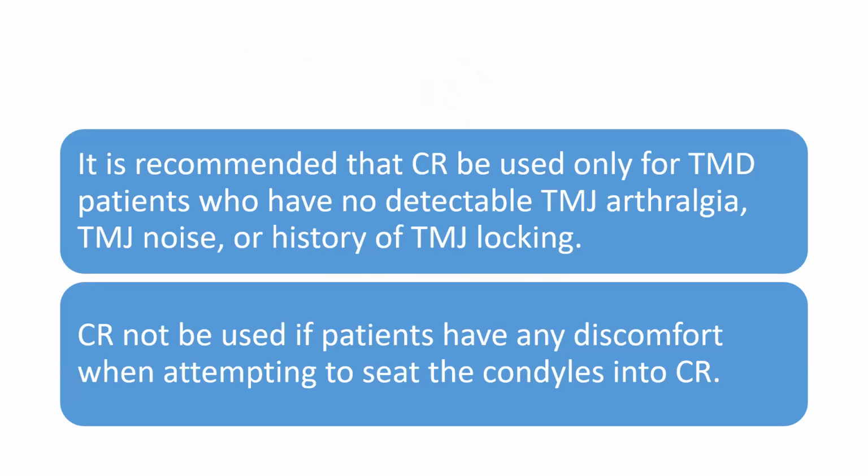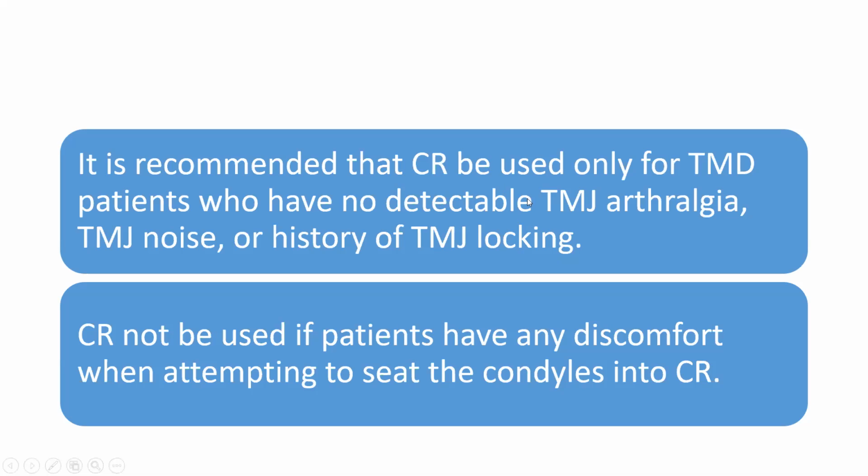So it is recommended that during fabrication of the stabilization appliance, centric relation should be used for the bite registration only when the TMJ has no detectable sign of arthralgia, when there is no joint noise, and also when there is no history of locking of the joint. Otherwise, we should not go for centric relation while recording the bite.